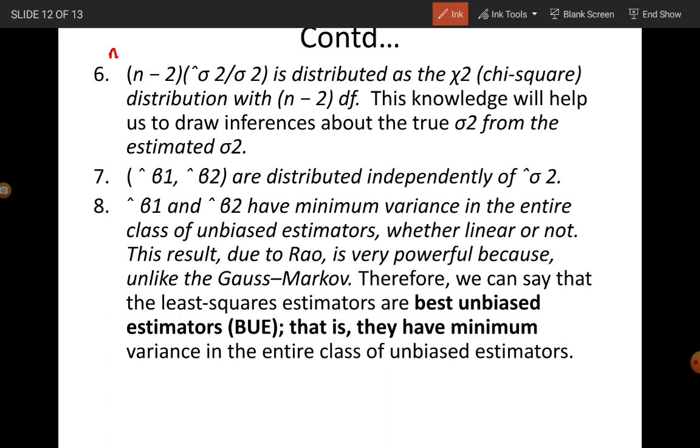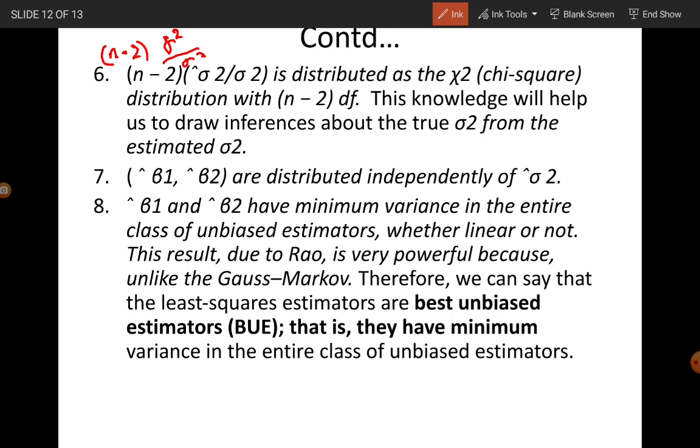It will be written as n minus 2 times sigma hat square divided by sigma square. So sigma hat square is the estimated variance and sigma square is the true population variance. The ratio of these variances will follow a chi-square distribution. N minus 2 is known as the degrees of freedom.